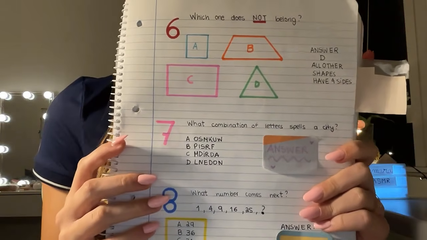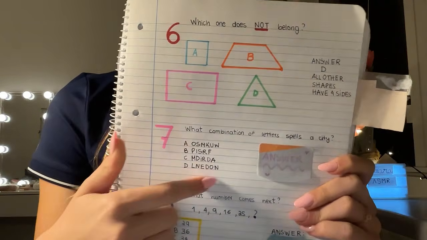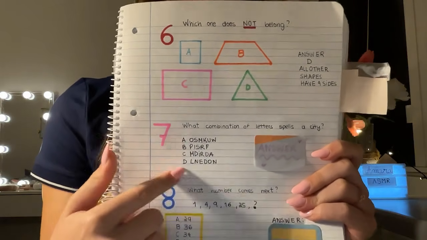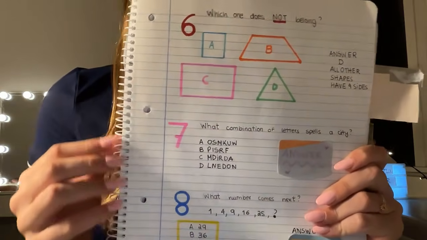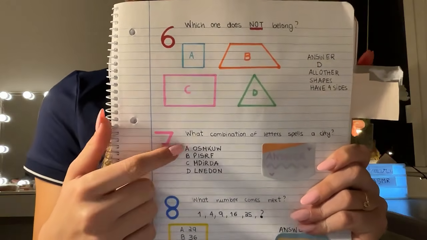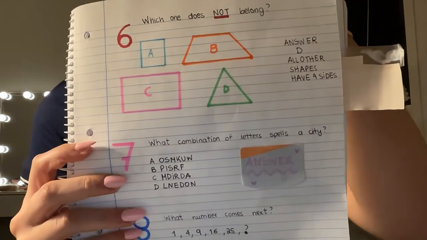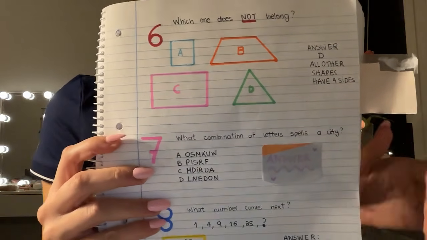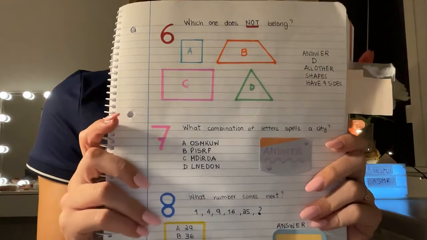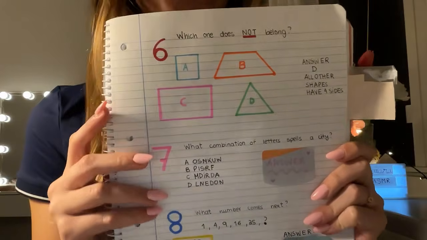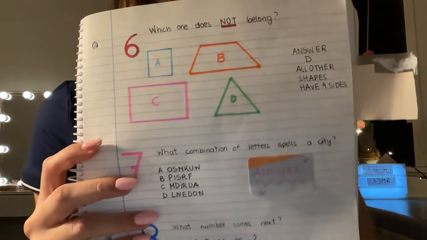So similarly to question number 1, we have 4 options right here. And we have, okay, so here are our options, A, B, C, and D. And only one of them spells out the name of a city. So this is also kind of a geography question.